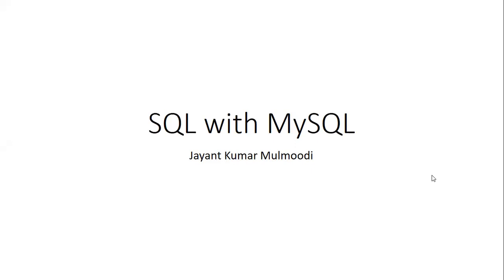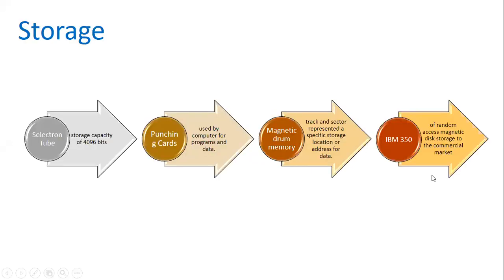Okay, so first thing is we'll try to understand the way in which storage has evolved, right? So we have something called a Selectron tube. This was the first device that was found in order to store some kind of data, and this was about 4096 bits, hardly any bytes of data.